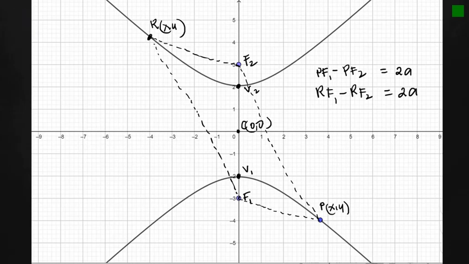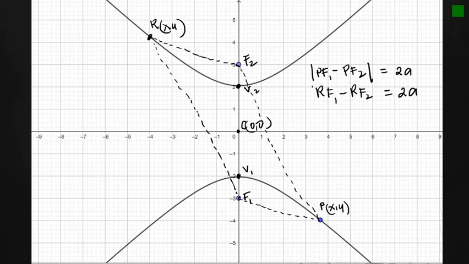And in case you might be confused, P to F sub 1 seems to be a smaller segment compared to P to F sub 2. But remember, we are operating with distances here, and distance is always positive. So when we do subtraction here, we take its absolute value. So that would still be equal to 2a. Same with R to F sub 1 and R to F sub 2.